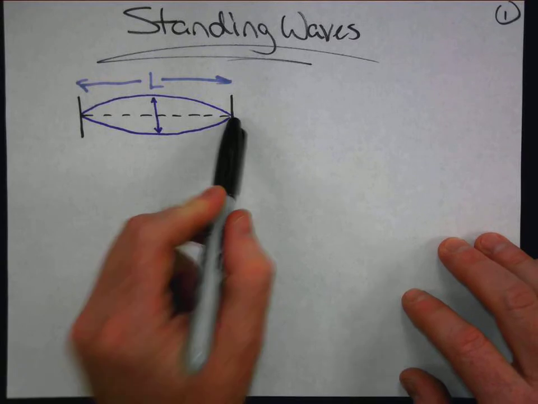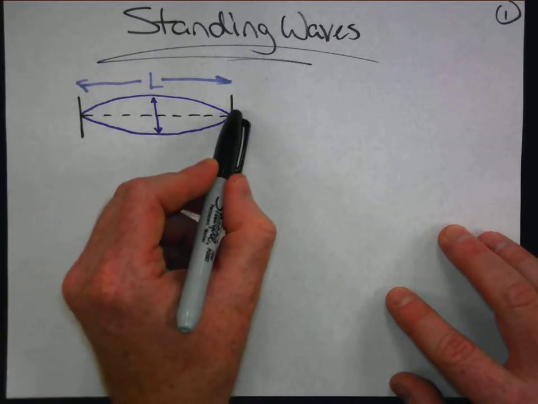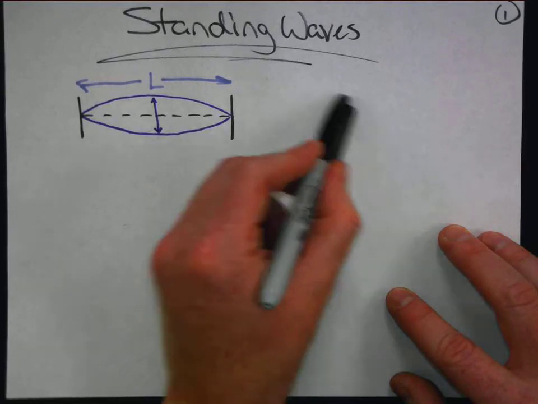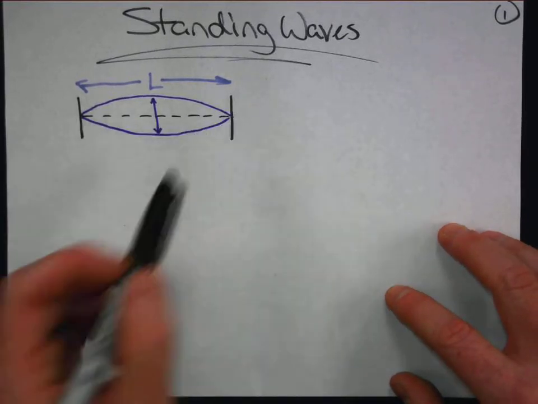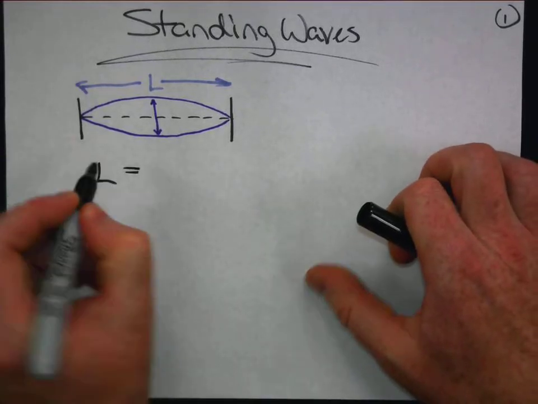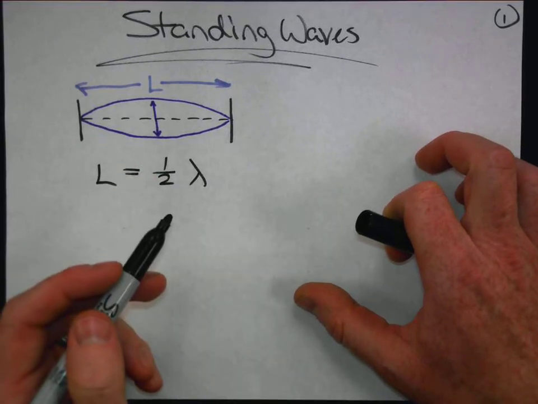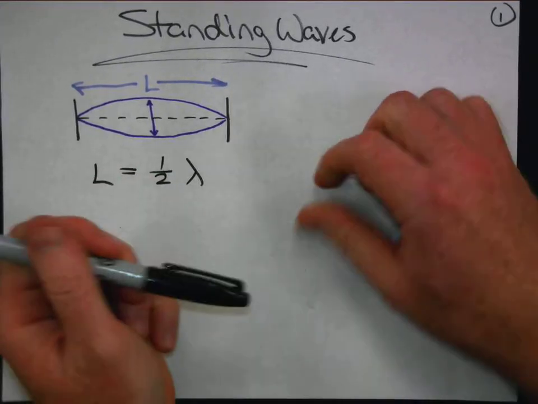For one complete cycle, we would need a trough and then a crest, but we're missing this half. So this represents half of a wavelength. This length is equal to 1/2 the wavelength of that wave. So that's kind of cool and interesting.